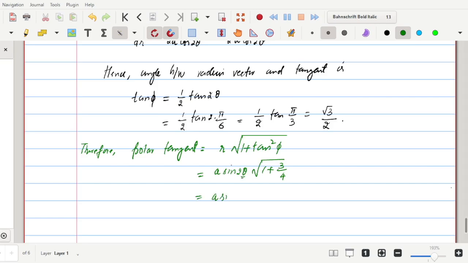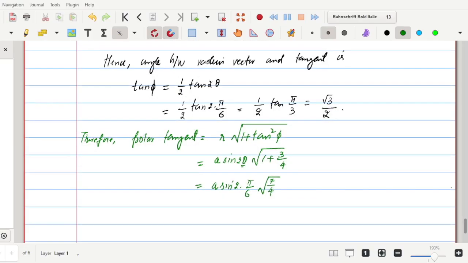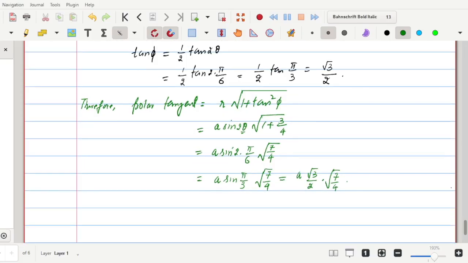So this is equal to a sine 2 pi by 6, since we are evaluating this polar tangent at pi by 6, which is given in the question, into the square root of 7 divided by 4. So this becomes a sine pi by 3 into the square root of 7 divided by 4. We know that sine pi by 3 is equal to root 3 by 2. So this is equal to a root 3 divided by 2 into the square root of 7 divided by 4. So this is the length of the polar tangent.